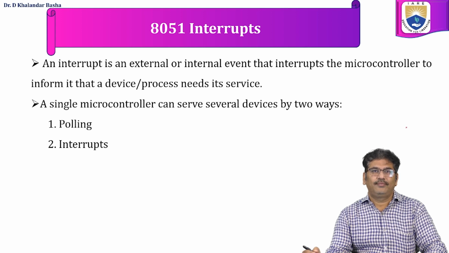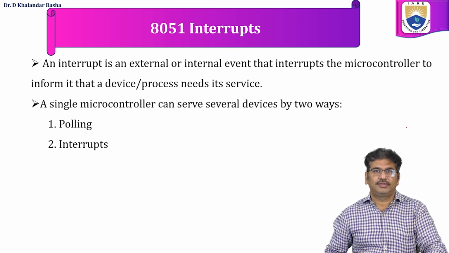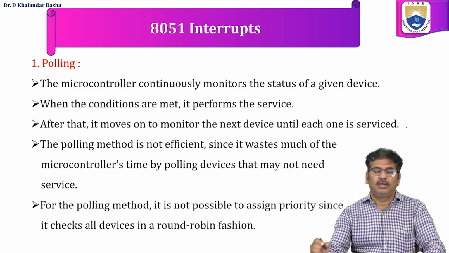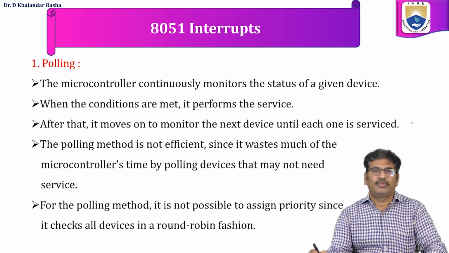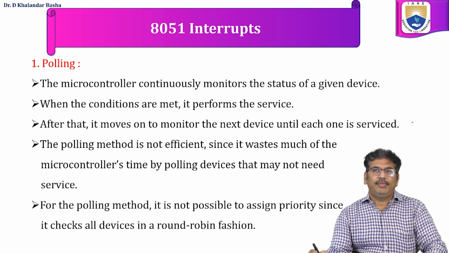One is polling, another one is interrupts. The first method, polling. The microcontroller continuously monitors the status of the given device, whether an interrupt is generated by the device or not. When the conditions are met, it performs the service. After that, it moves on to monitor the next device until each device is served.